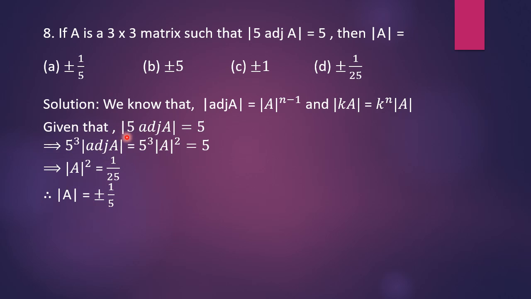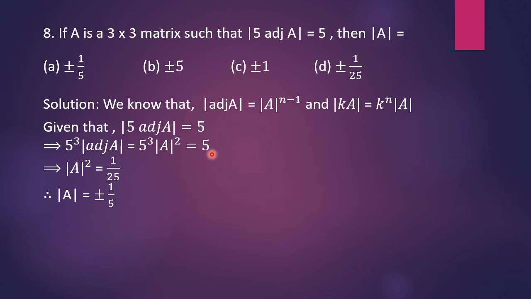So determinant of 5 into adjoint A. If I compare with this, K is nothing but 5, and instead of A, adjoint A is there. That is equal to 5. So now here 5 into adjoint A. For that, if I use this result, it is 5 to the power 3, because the order of the matrix is 3, into determinant of adjoint A. But according to the first formula, determinant of adjoint A is nothing but determinant A to the power n minus 1, that is determinant A square, that is equal to 5.